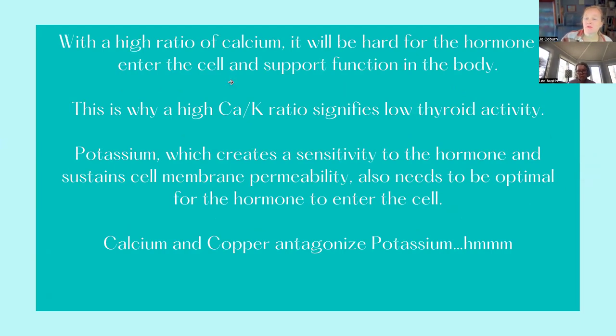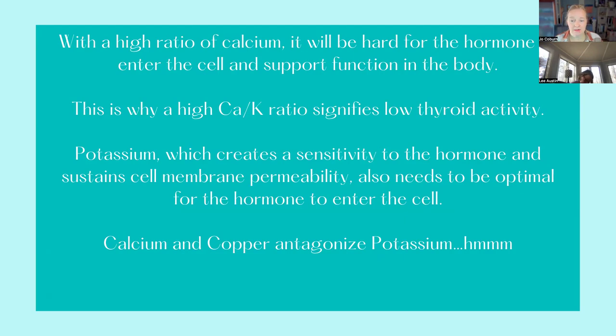Let's see, with a high ratio of calcium, it's going to be hard for the hormone to enter the cell and support function in the body. This is why a high calcium to potassium ratio signifies low thyroid activity. Potassium, which creates a sensitivity to the hormone and sustains cell membrane permeability, also needs to be optimal for the hormone to enter the cell.